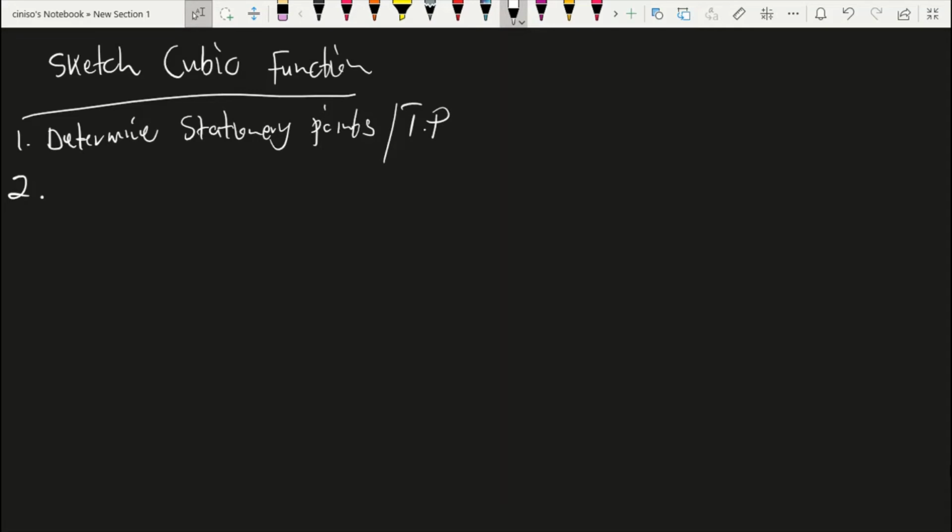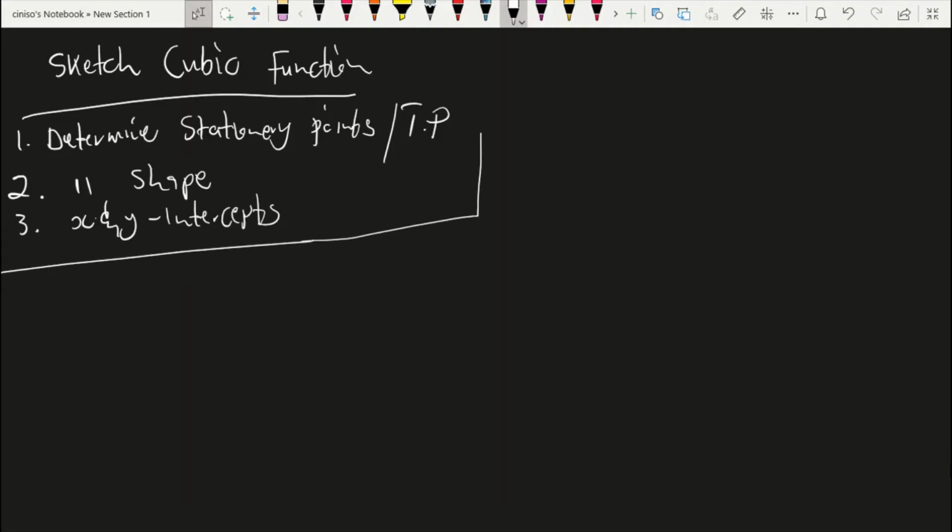Step number 2, you'll determine the shape. Step number 3, the x and y intercepts. So these are the steps that you will need to actually draw or sketch your cubic function.